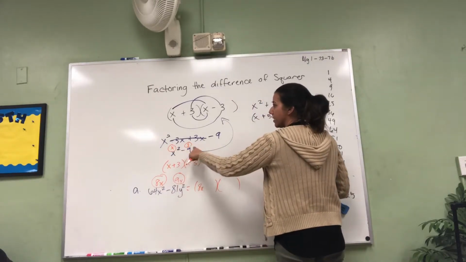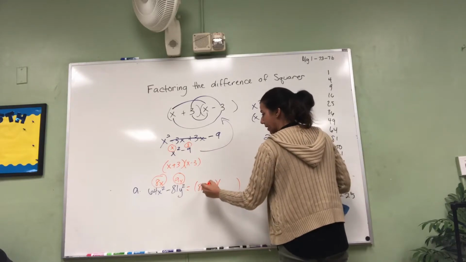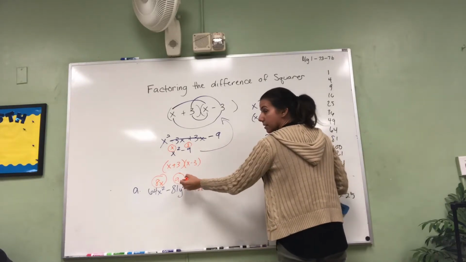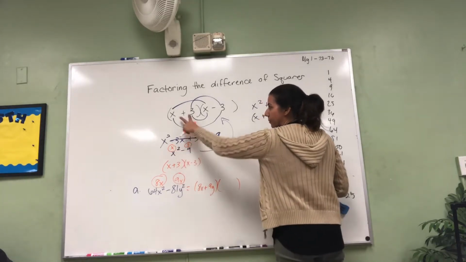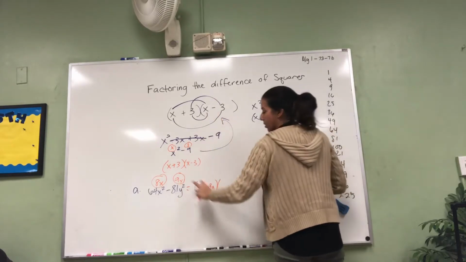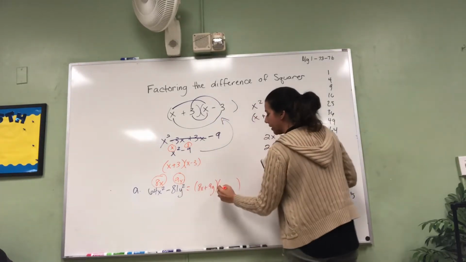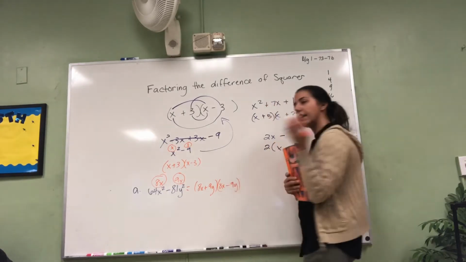We took the x and the 3. 8x and 9y. That's what we did here. We took the x and the 3 and we added them and subtracted them. So we get 8x plus 9y and 8x minus 9y. Ta-da!